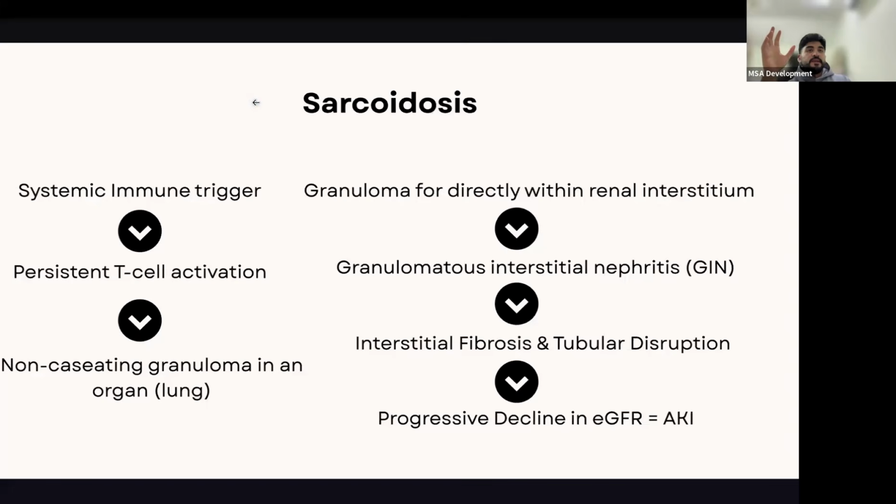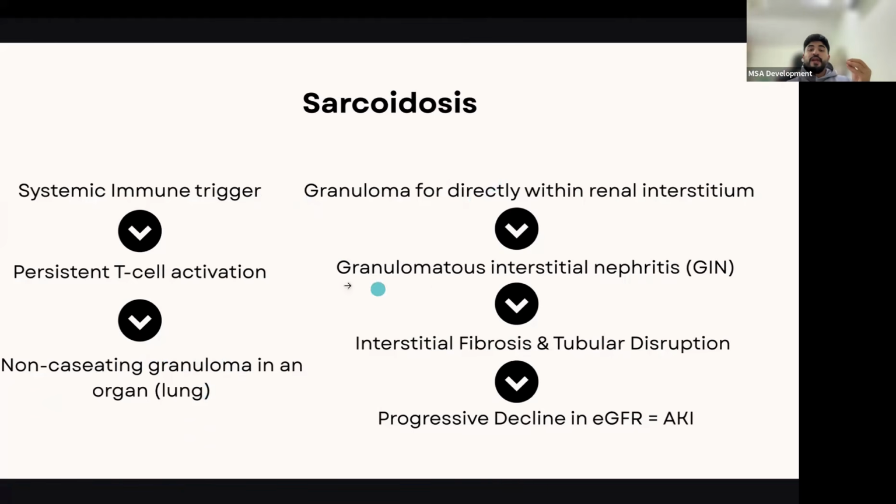Sarcoidosis basically usually affects the lungs. How does it happen? You will have a systemic immune trigger that will lead to T cell activation, which will lead to non-caseating granuloma, usually in the lung. Now, sometimes this granuloma will go directly into the renal interstitium.